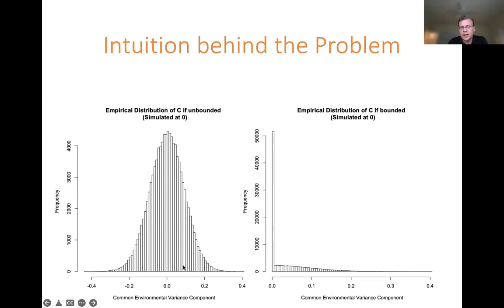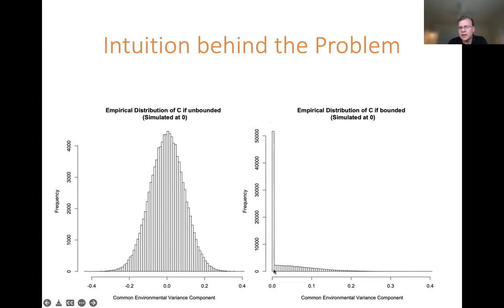And sometimes we're going to get lucky in the other direction. However, if we were to bound the parameters like we would implicitly by squaring them, then we no longer allow C to go negative, and instead C piles up on the 0.